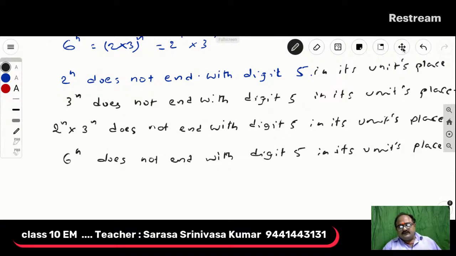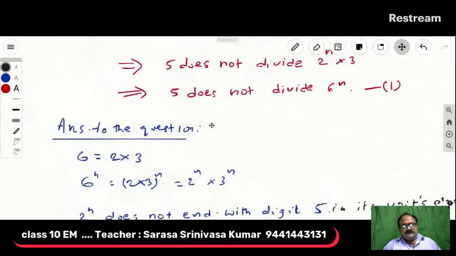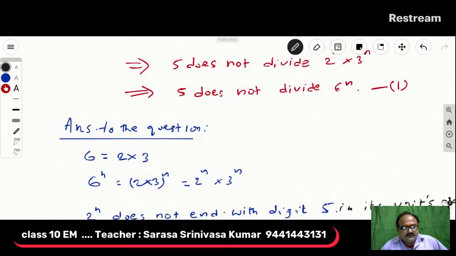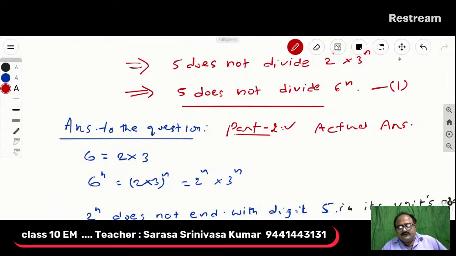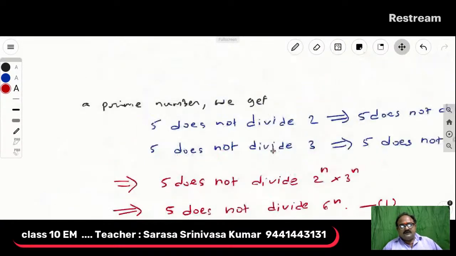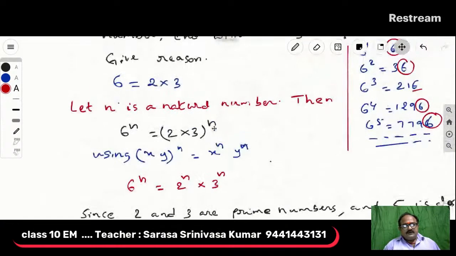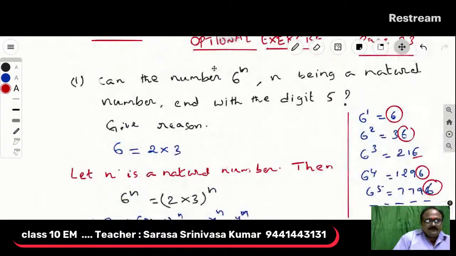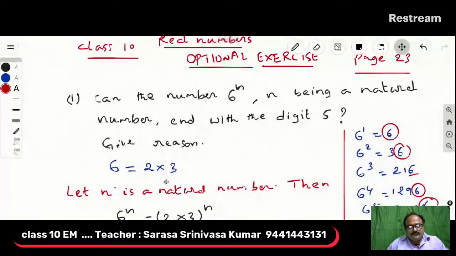We have given the reason also. So this is part 2, the actual answer to the given question. And here if another question is given on the divisibility by 6 power n, I would like to add another problem.